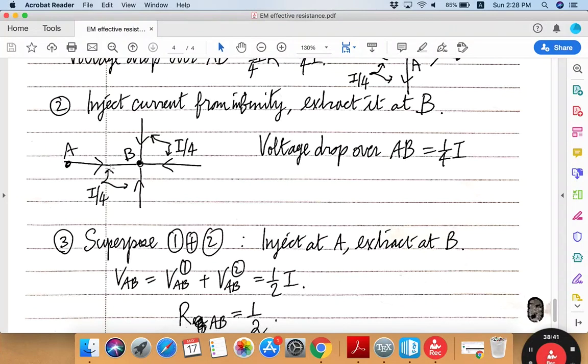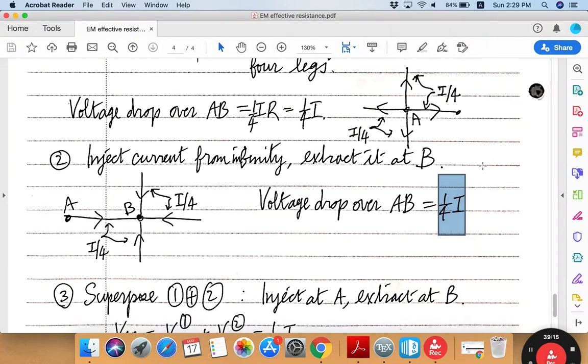We have 1/4 of the current I flowing into B from all 4 directions. In particular, there's a current of 1/4 of I flowing from A to B. And such a current flow will create a voltage drop of 1/4 times I times R. But again, R is equal to 1 by our convention.